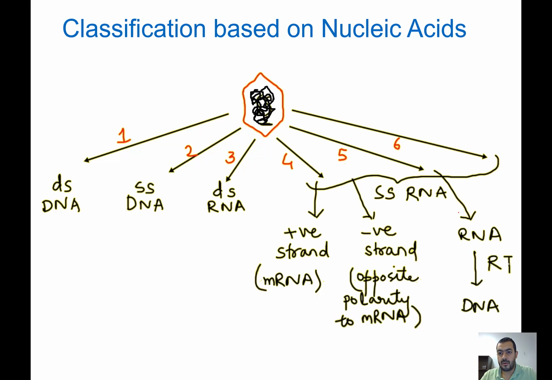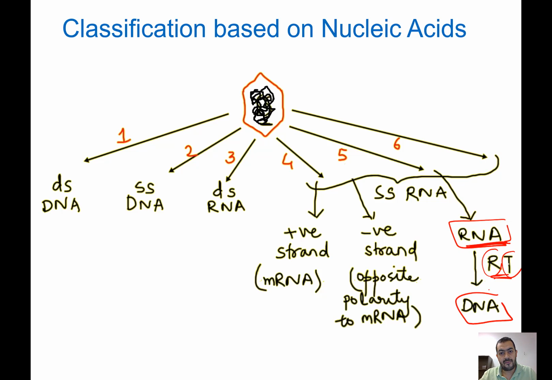The third category are single-stranded RNA viruses that have the reverse transcriptase enzyme. So the reverse transcriptase enzyme will reverse transcribe this RNA genome into DNA. Remember, transcription is a process used to convert the information encoded in the DNA into an RNA molecule.